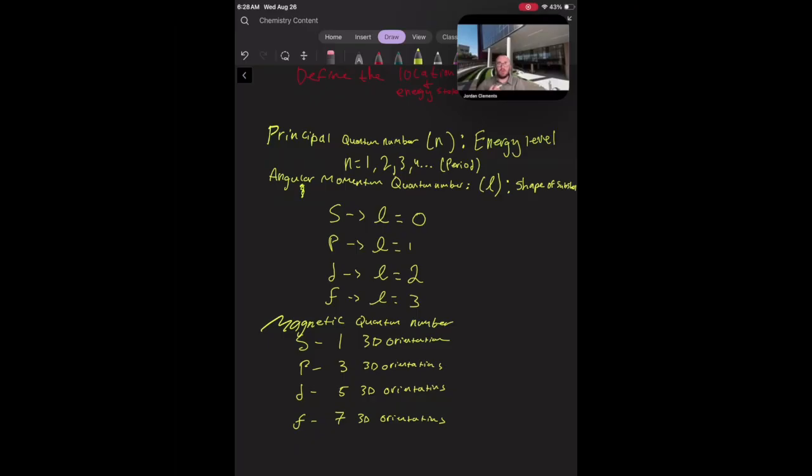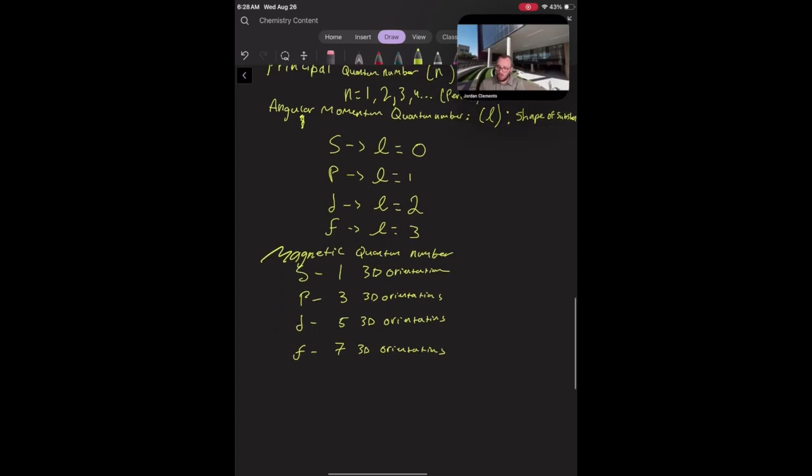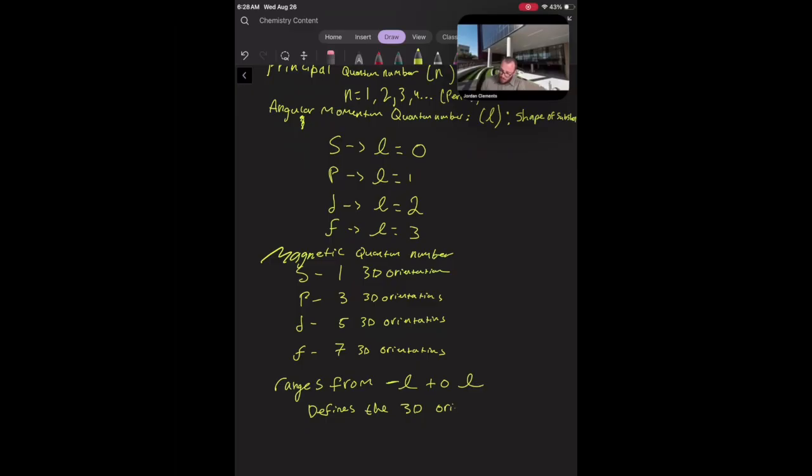And this is going to range from negative l to l, and it defines the 3D orientation that an electron could be located in.